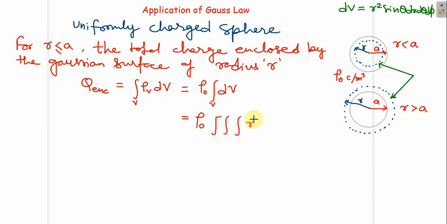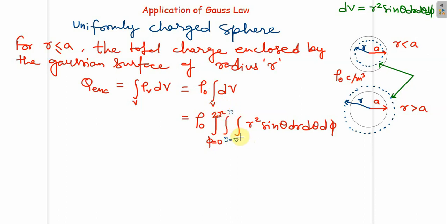Okay, and in place of dv we can write r square sine theta dr d theta and d phi. Now we'll put the limits. So phi varies from 0 to 2 pi, theta varies from 0 to pi.